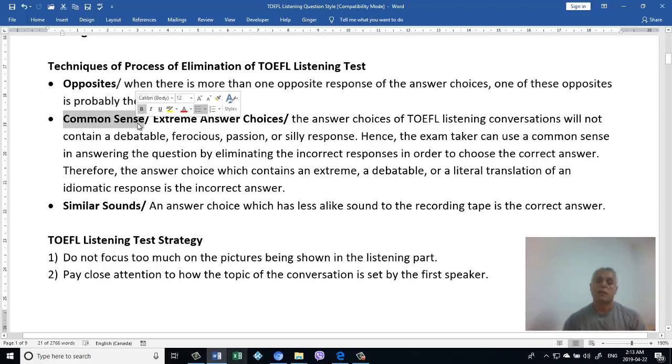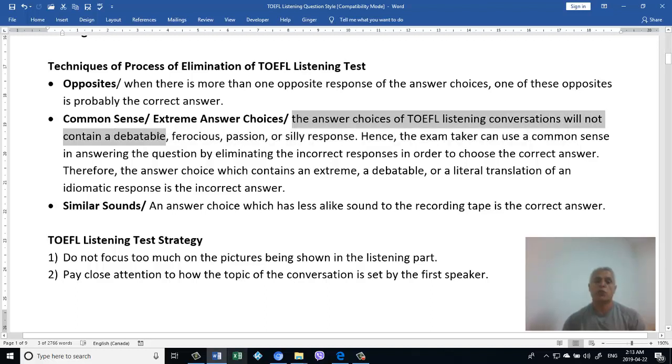Common sense. Extreme answer choices. The answer choices of the TOEFL listening conversation will not contain a debatable, ferocious, passionate, or silly response.